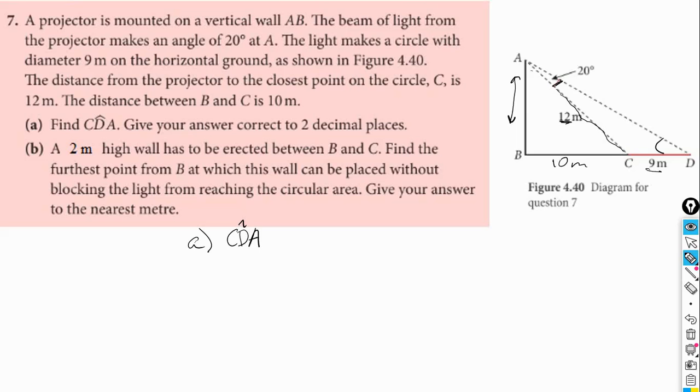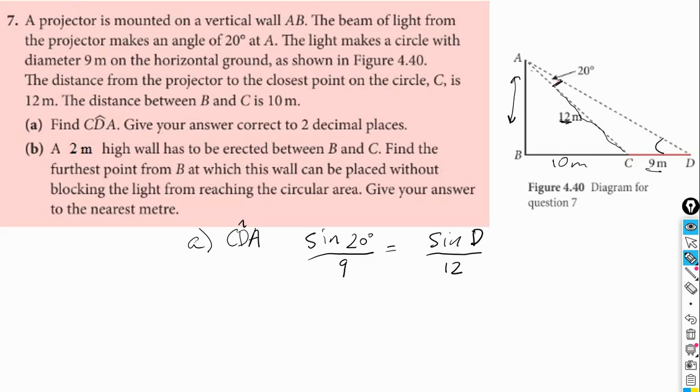So we can say that sine of 20 degrees over 9 meters is equal to sine of, let's just call it d for now, sine of d over 12, the opposite side.